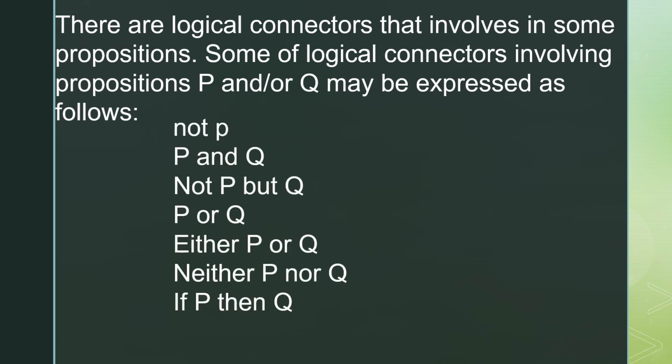So: not P, P and Q, not P but Q, P or Q, either P or Q, neither P nor Q, if P then Q. Take note that this not, this and, this but, this or, neither nor, if then, these are the so-called logical connectors.